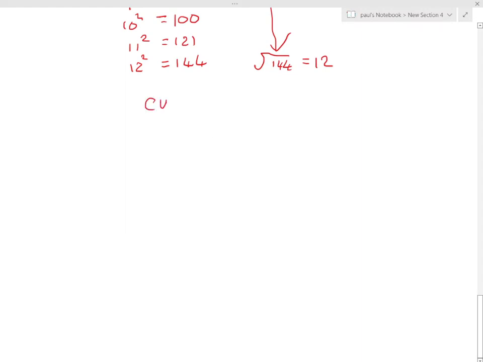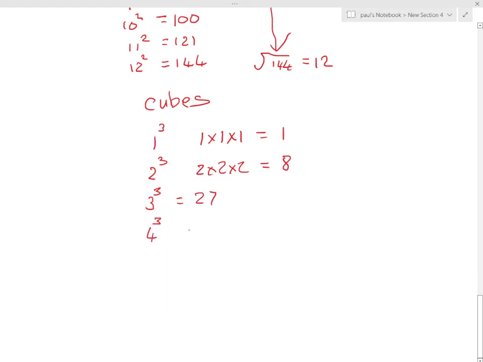Cubes and cube roots. Now cubes are with a little 3 on the top. So this is 1 times 1 times 1, which equals 1. 2 cubed is 2 times 2 times 2, which is 8. 3 cubed is 27. 4 cubed, 4 times 4 times 4, 4 sixteens, is 64. 5 cubed is 125, and 6 cubed is 216.